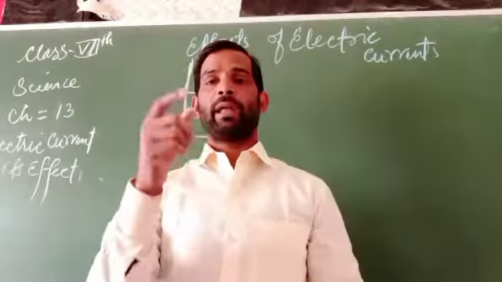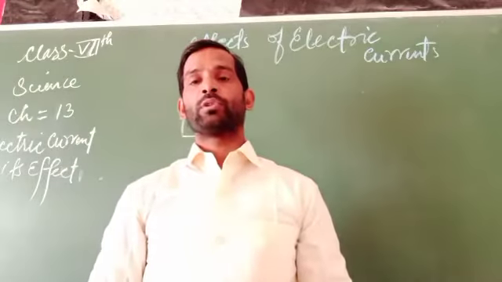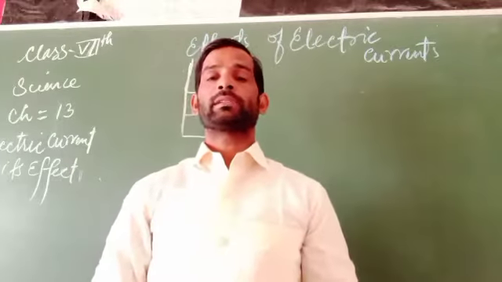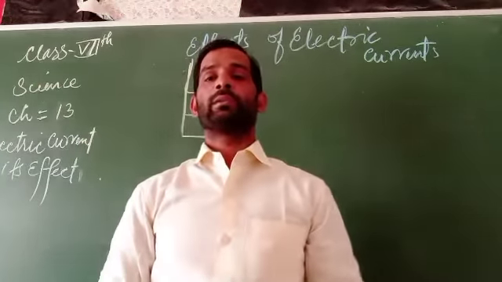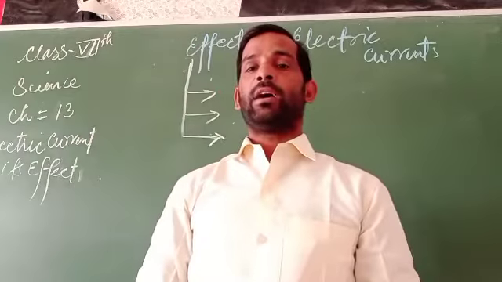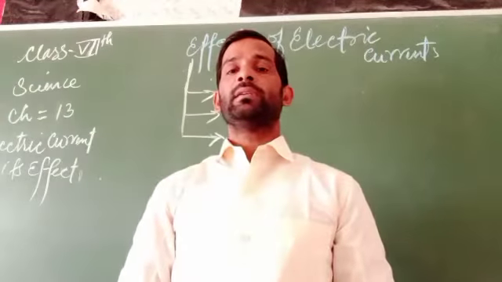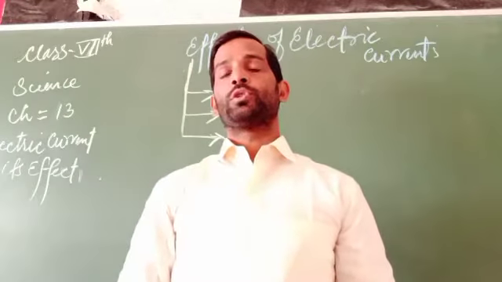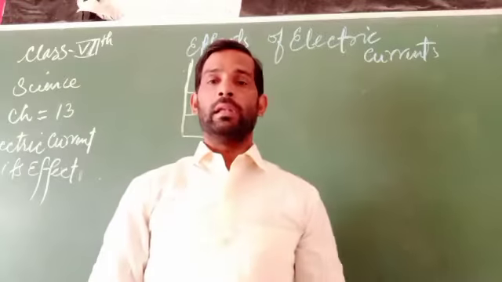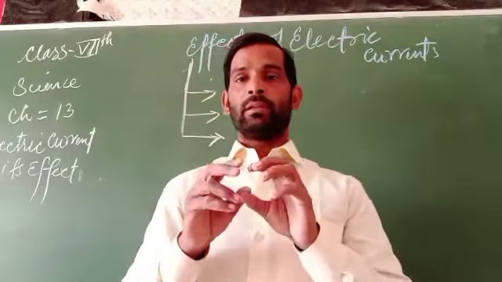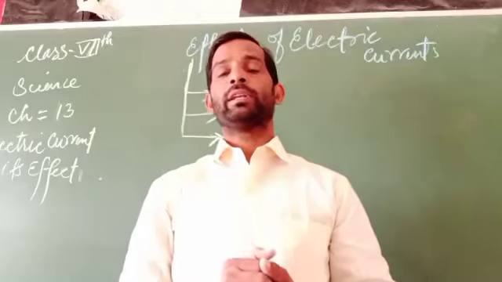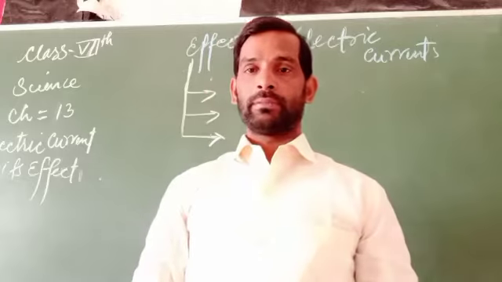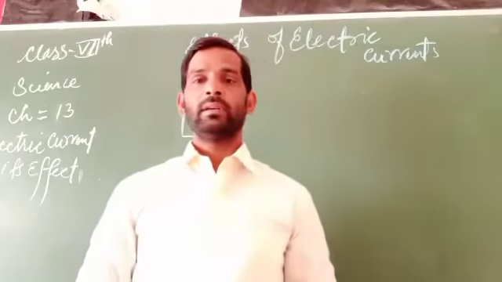Because when the continuous supply reaches the bulb, its filament gets heated and becomes red hot, it becomes brighter, and due to which it produces light. It is a very common impact.